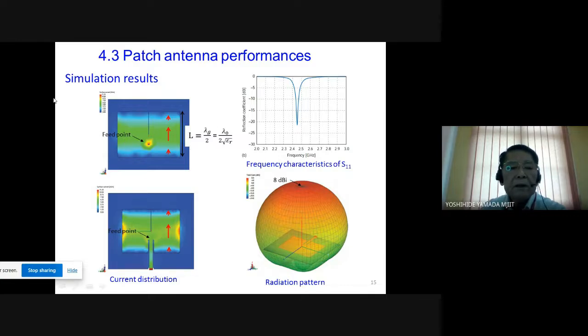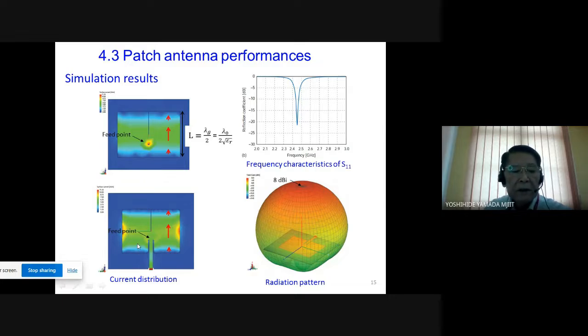So this is the feed point. This probe feed is used. At the center part, a strong current is produced, and at the edge, the current becomes small.